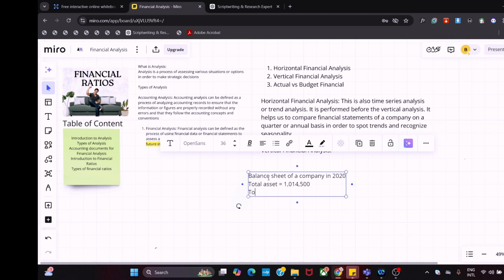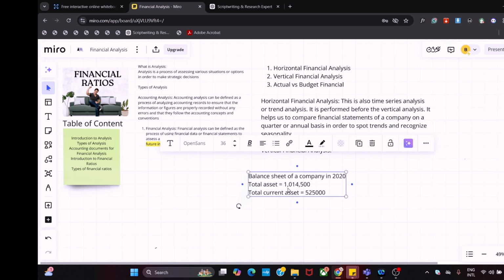And let's say their total current assets was, let's say, 525,000.